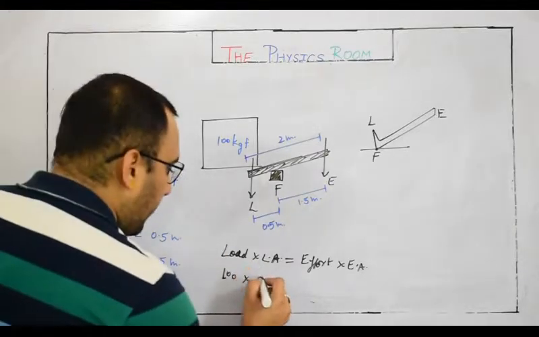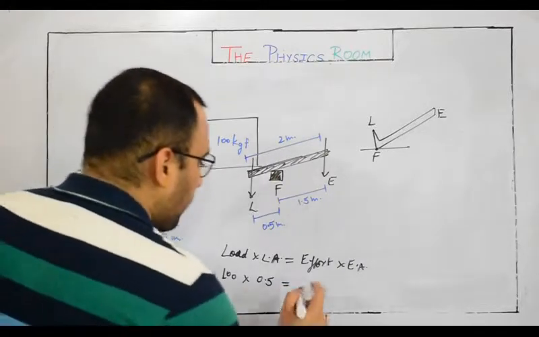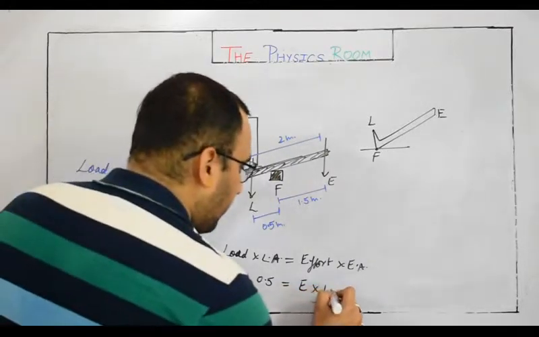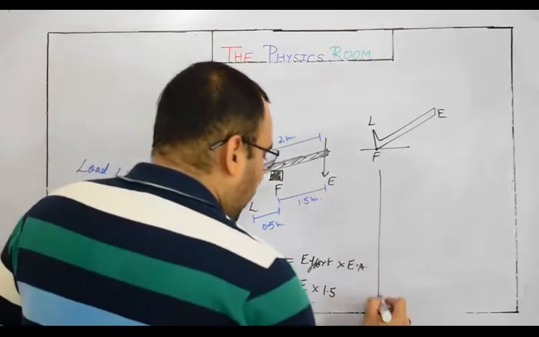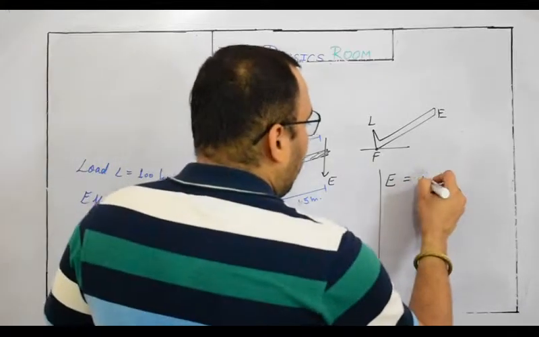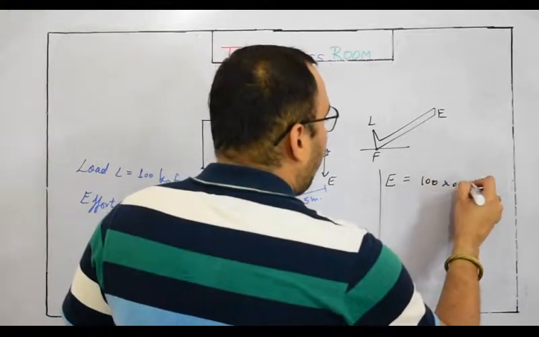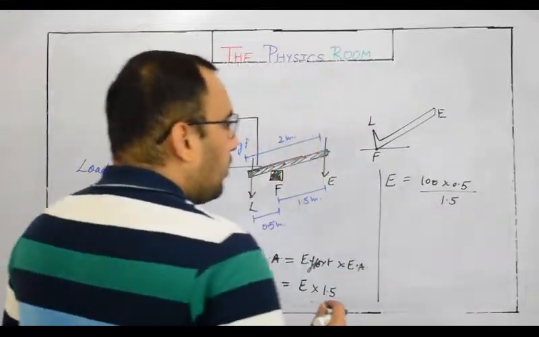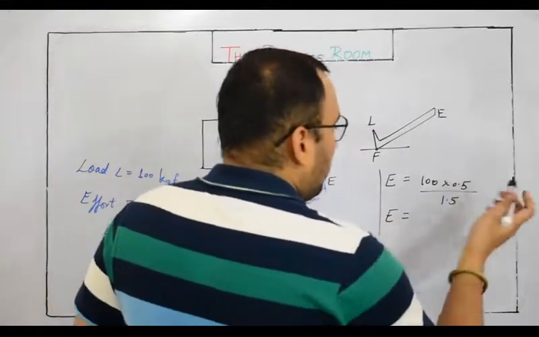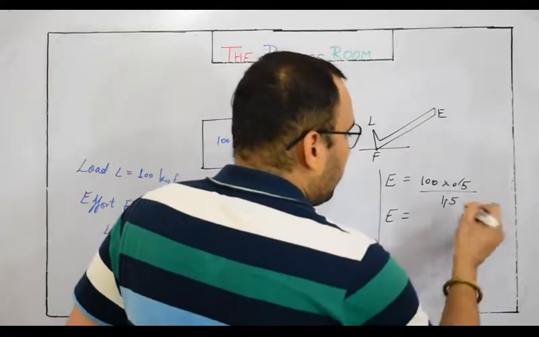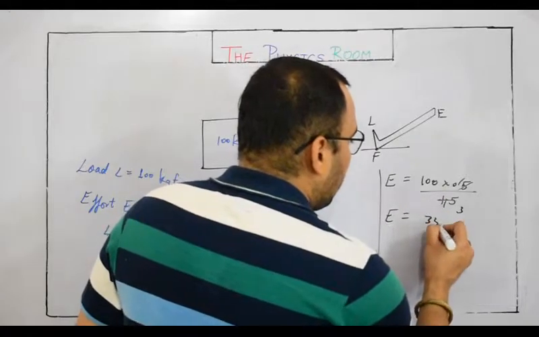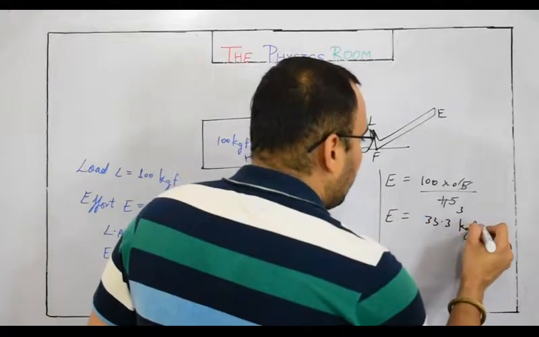Load arm is 0.5 equals effort, we need to find out E, into effort arm, that is 1.5, right? Or we can get effort E equals 100 into 0.5 upon 1.5, or you can simply shift the point and 3, and by dividing by 3 we will get 33.3 kgf.